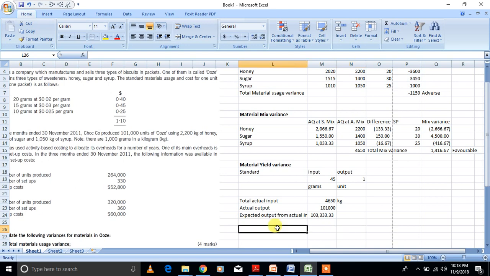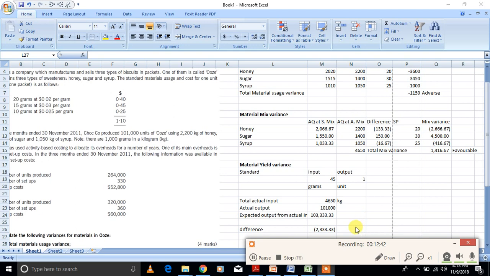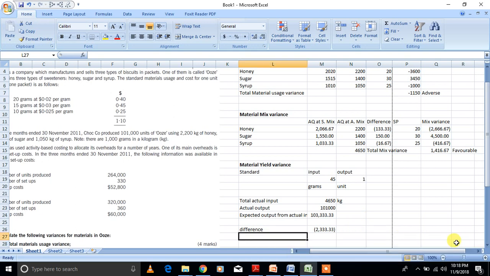So let me get the difference. This minus this, minus 2,333. So this difference is this many units. Multiply this by standard material cost per unit of output, which is already given to you, $1.10.